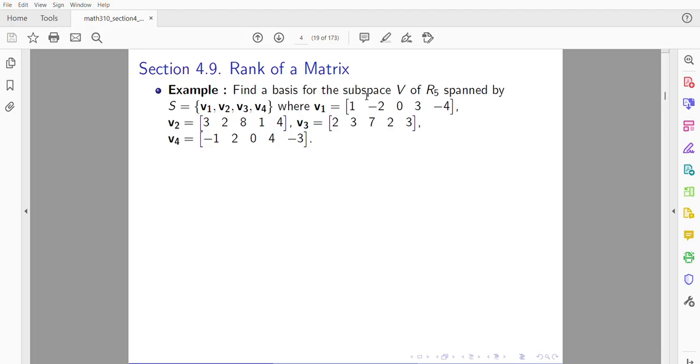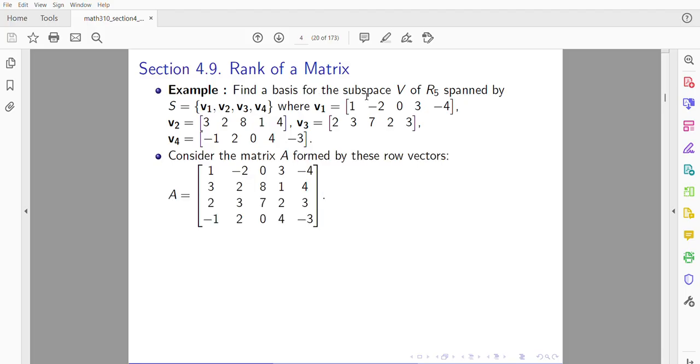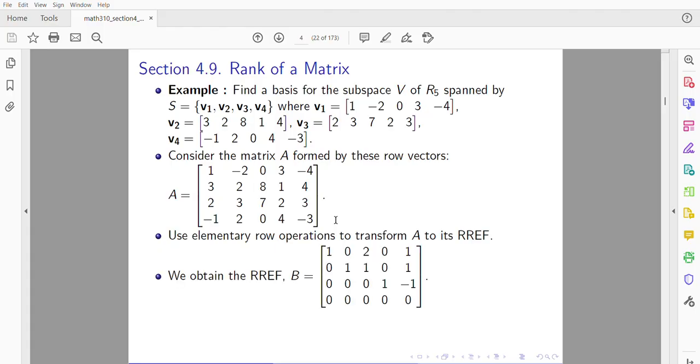What do we do? Consider the matrix formed by these four rows. Use elementary row operations. Assuming our calculation is correct, this is the reduced row echelon form of A. So notice, how do you get reduced row echelon form? By doing row operations. So the row space here will be equal to the row space here.